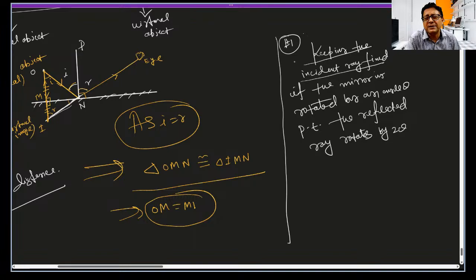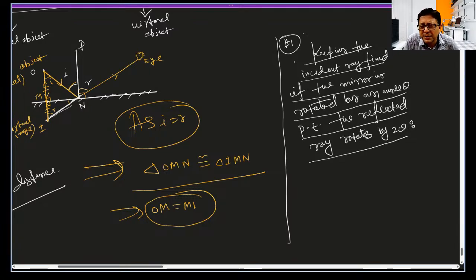Keeping the incident ray fixed, if the mirror is rotated by an angle theta, prove that the reflected ray rotates by an angle 2 theta. We have to prove this.